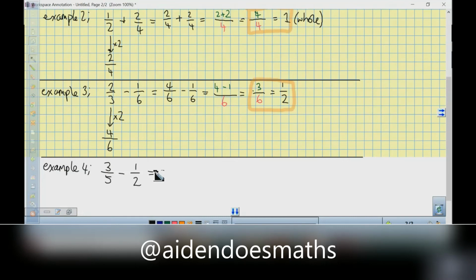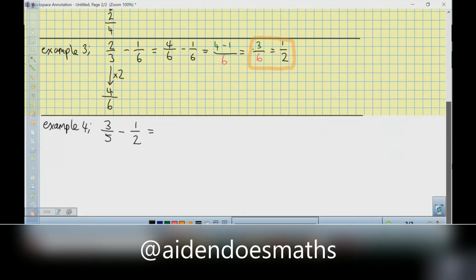So this time 3/5 minus 1/2. I'll just scroll down so we can see just example 3. Gives us space for example 4. So think about this. This time, just a little hint. 2 doesn't go exactly into 5 a whole number of times, so we're going to have to change both of our denominators.